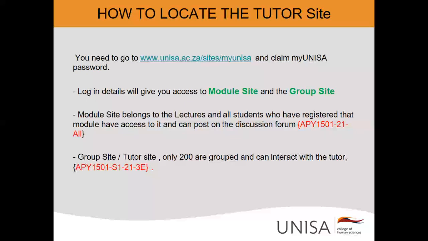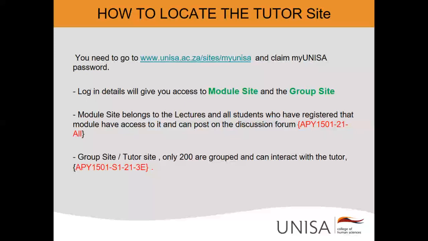When you click on the discussion forum, you'll see that it has many students interacting there. The lecturer also sometimes interacts there with students. So when you post something, it means that you are talking to all the 20,000 students on the module site. And then on the group site, we have a maximum of 200 students who are interacting with you and also with the e-tutor.